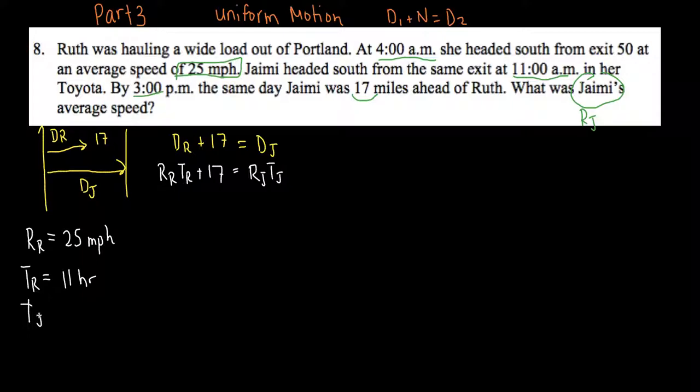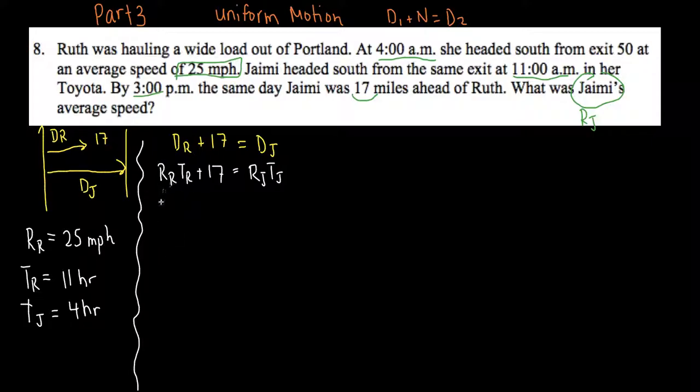Then the time of Jamie: Jamie left at 11 a.m., so 11 a.m. to noon is just 1 hour, plus 3 is 4 hours. So we actually have the times. You just have to be able to add. You can use your fingers or use a clock, but we have to figure out the times on our own.